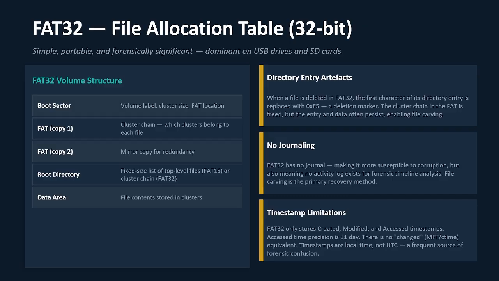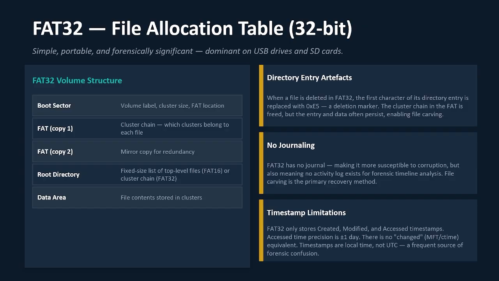So understanding what FAT32 is and why it was so popular and still remains popular to this day is important. The volume structure of it is, at the beginning you have the boot sector, which will contain the volume labels, cluster size, your file allocation table location, and then you will have 2 copies of it, just in case one gets corrupted.